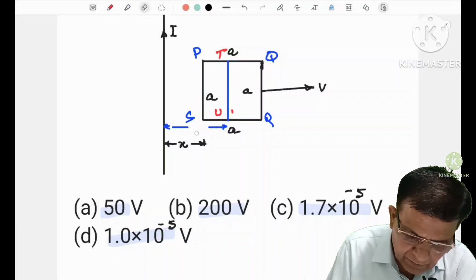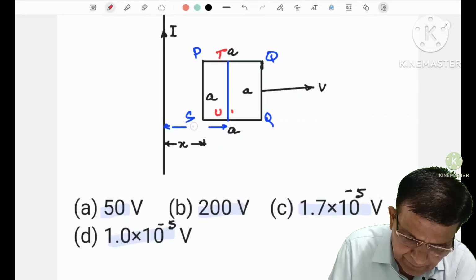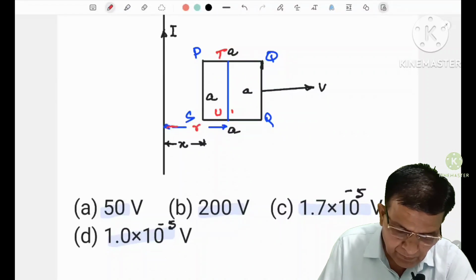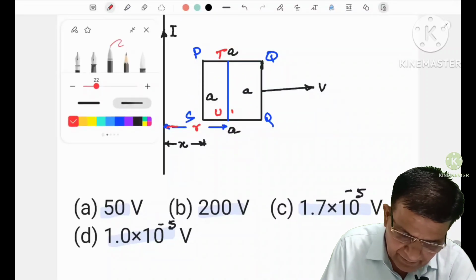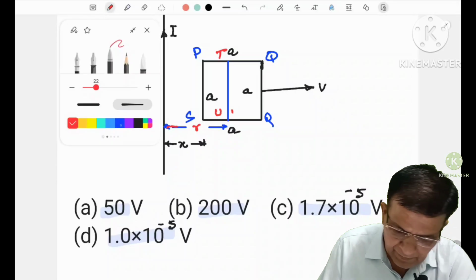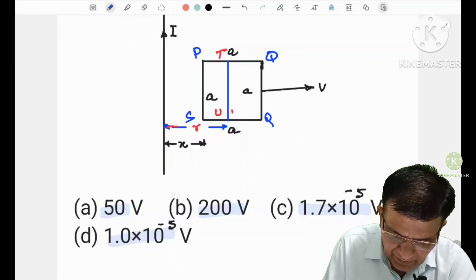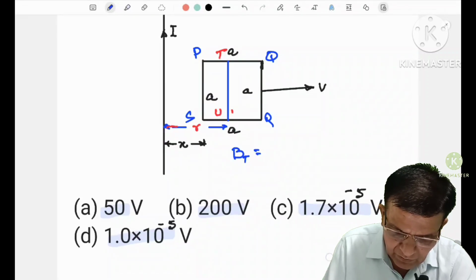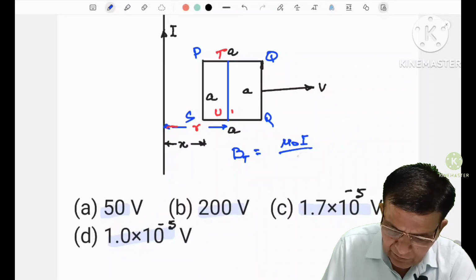This distance is small r. The magnetic field at TU section, magnetic field at TU section BT is equal to mu 0 I by 2r.